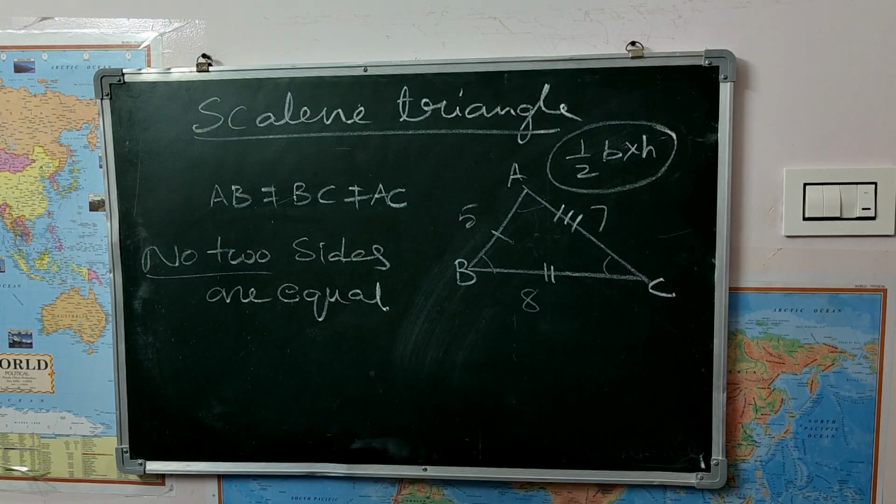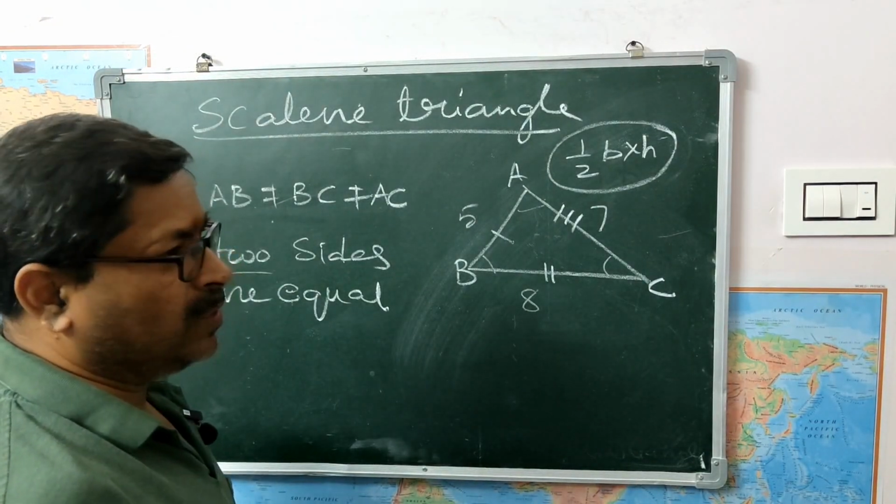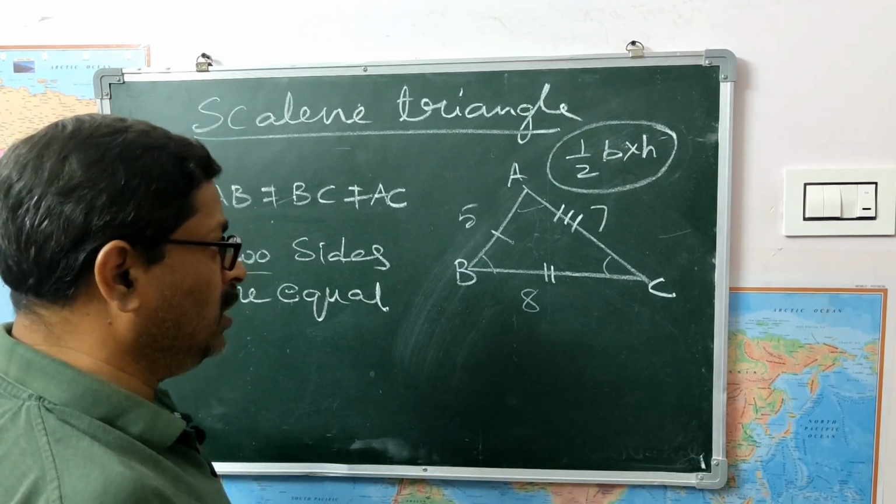Remember, there is another formula for finding the area of any triangle, if the sides are given. We come to that later: square root of s into s minus a into s minus b into s minus c.